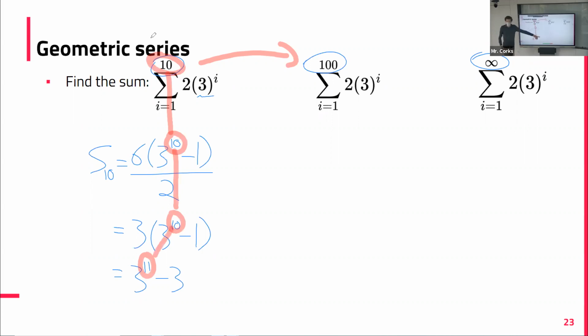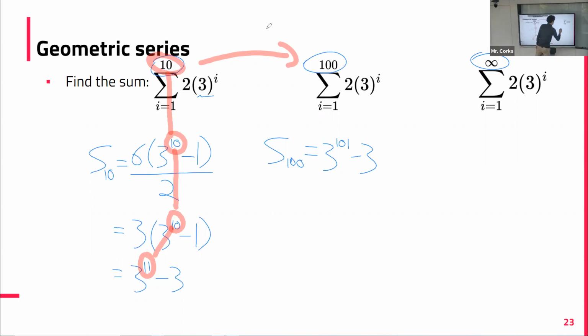So we can directly write what the next one will be without doing all that extra work. Tell me what this would be, the sum of the first 101? Okay, so 3 to the exponent 101 minus 3. It's getting a lot bigger very quickly here.